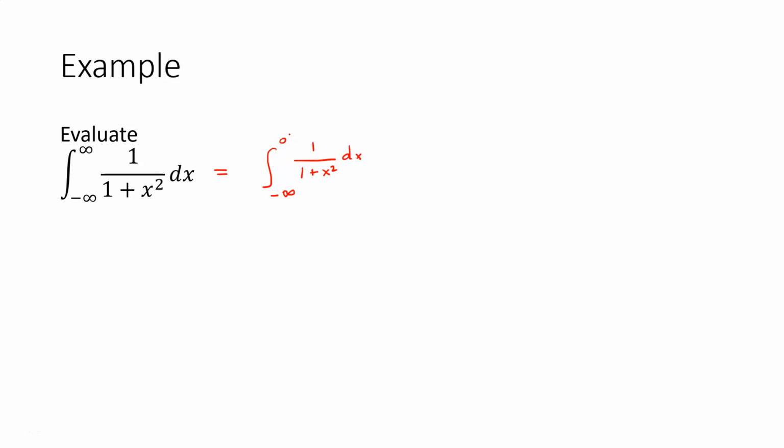But if you remember, any value that you choose to split it at is okay. And then it's from 0 to infinity. Okay. And now we can evaluate each of these individually.